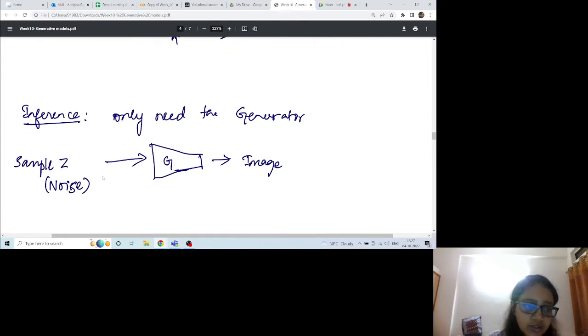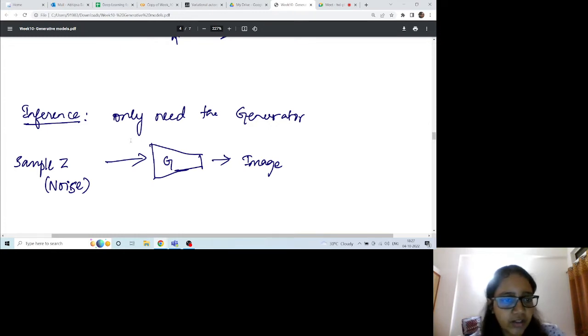Now, when it comes to inference time, inference happens once you have trained the model. When does the training complete? When you, as the generator, have almost fooled the discriminator. You have almost fooled the police, and you are now able to generate fake images in such a way that the police cannot distinguish the fake from the real.